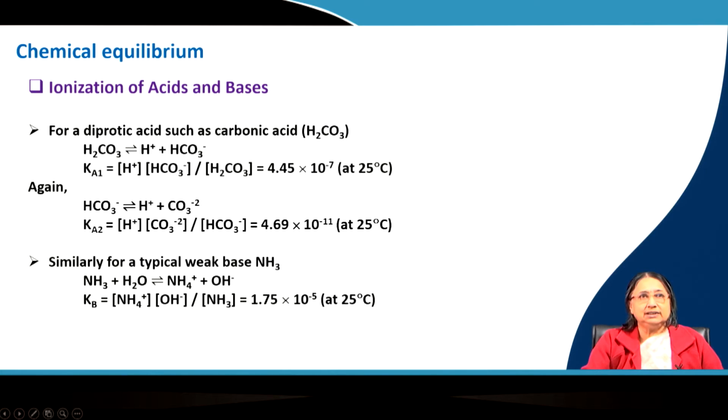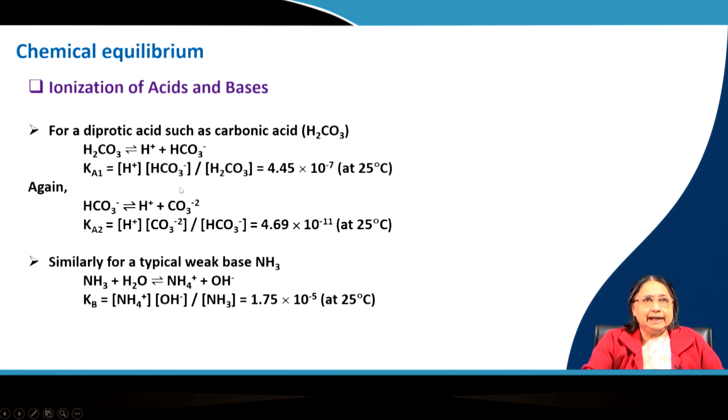For the second dissociation we write Ka2. For this carbonic acid, it is a very weak acid. If we know the pKa value, which is the minus log of K, we will see it is just below 7, and from this pKa value we can easily tell that it is a very weak acid.